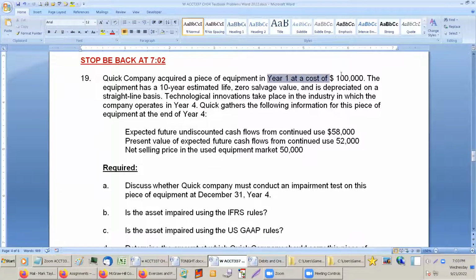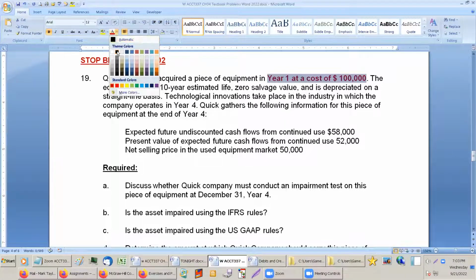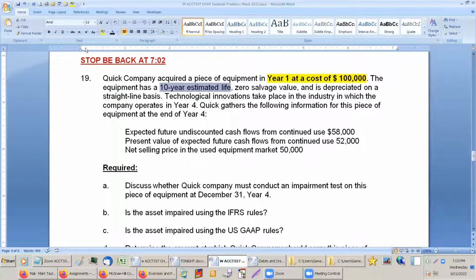So number 19. Year one has a cost of $100,000, estimated life 10 years, zero salvage value.